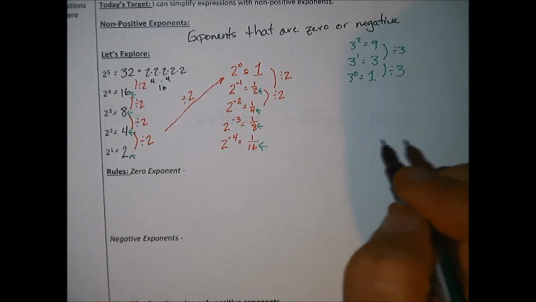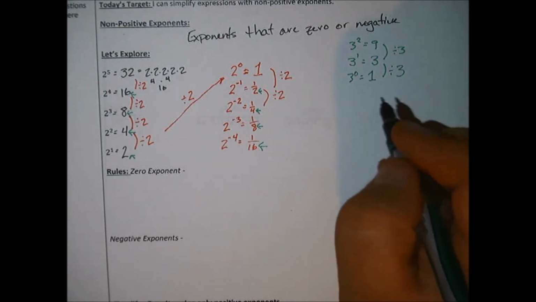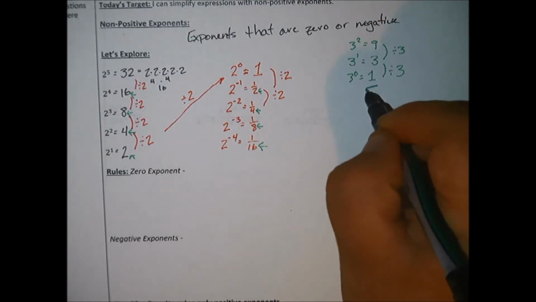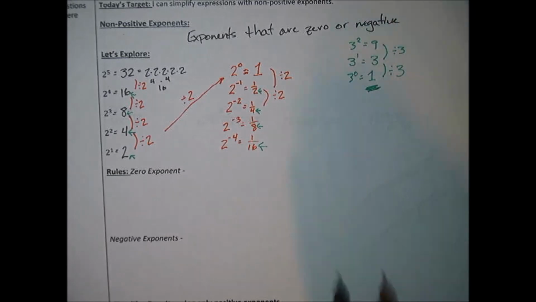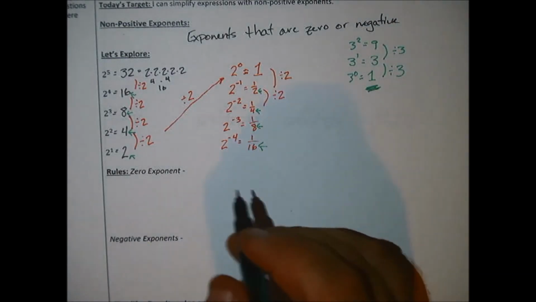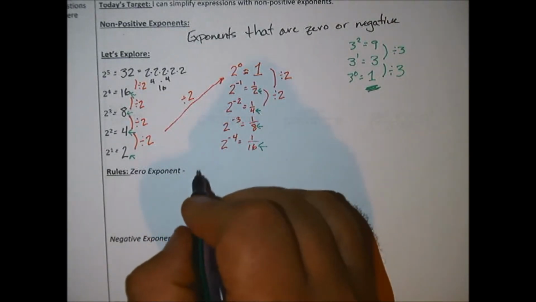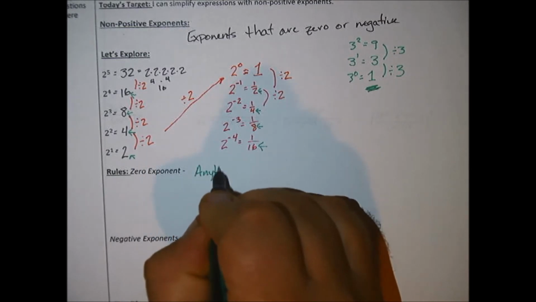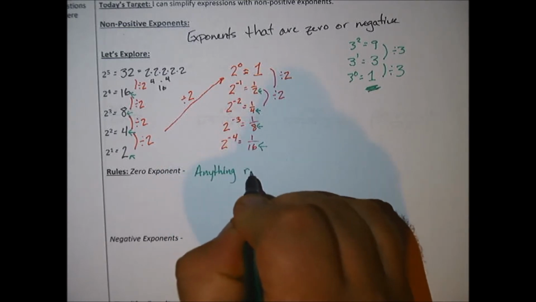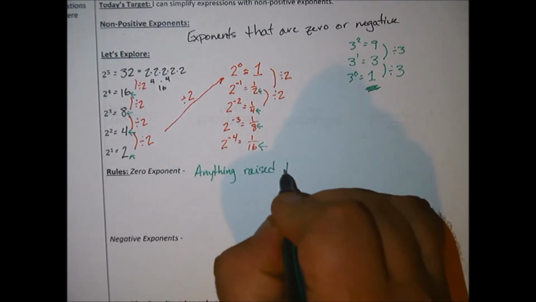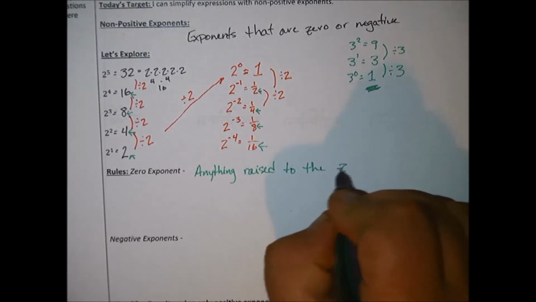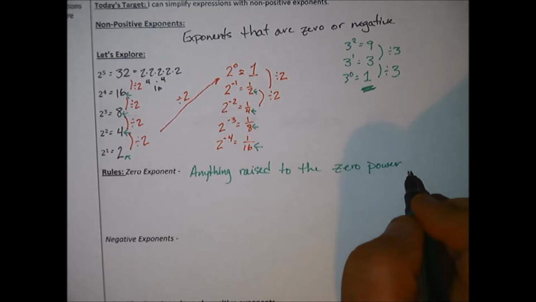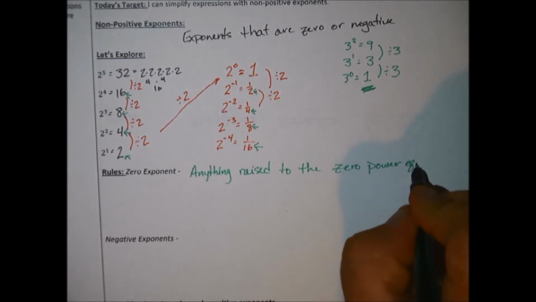You can try this with as many numbers as you want to, and this list right here is pretty easy to make, and every single time you're going to get that 1 right there. And that's really cool, that anything raised to the 0 power will be equal to 1.